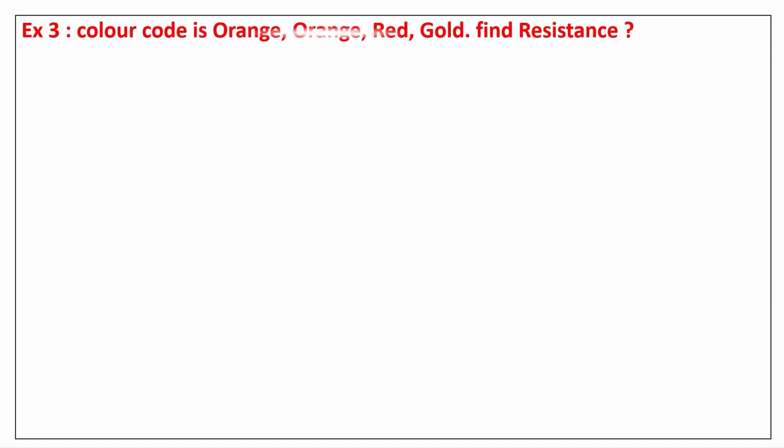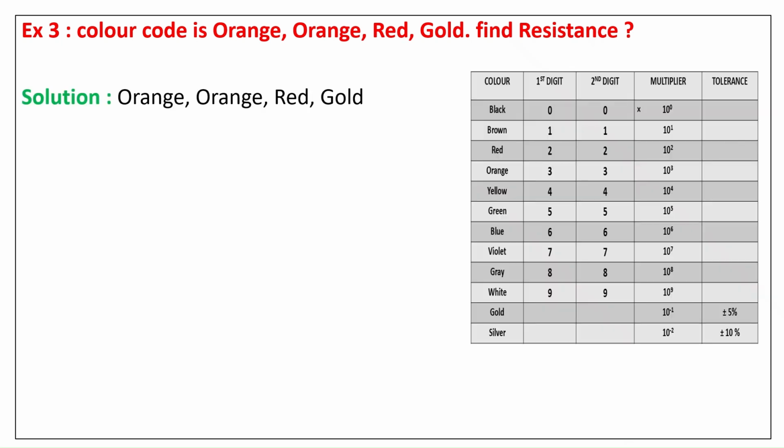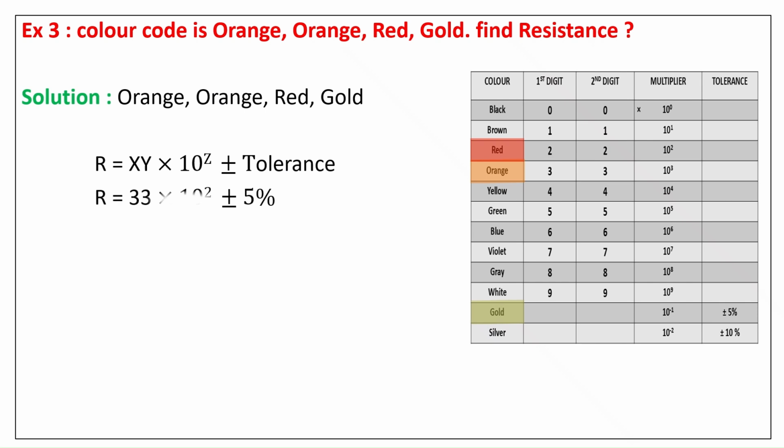Example 3. Color code is orange, orange, red, gold. Find resistance. Solution. Colors are orange, orange, red, gold. Therefore, R is equal to xy into 10 to the power z plus or minus tolerance.